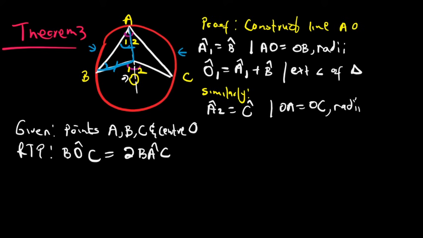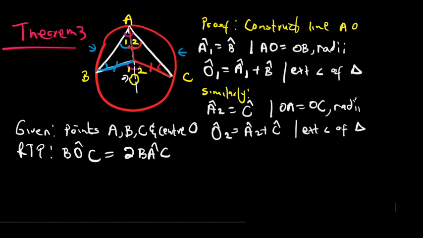So this side here and this side here are equal, creating equal base angles. And also our angle O2 is equal to angle A2 plus angle C, right? The reason for that is exterior angle of a triangle. Fine. So now you're having this, and this.